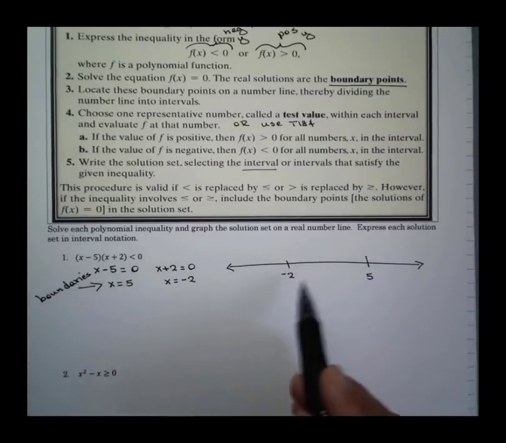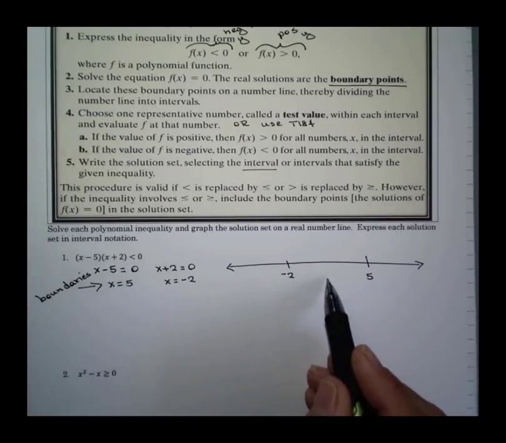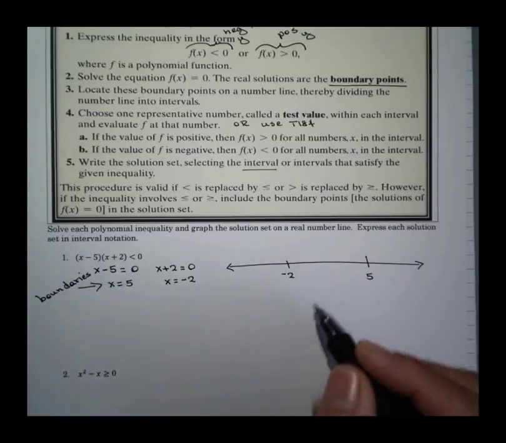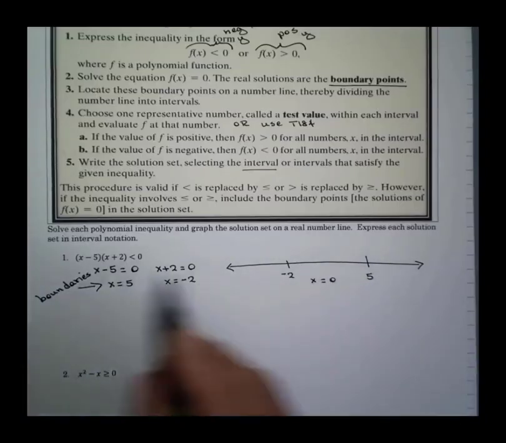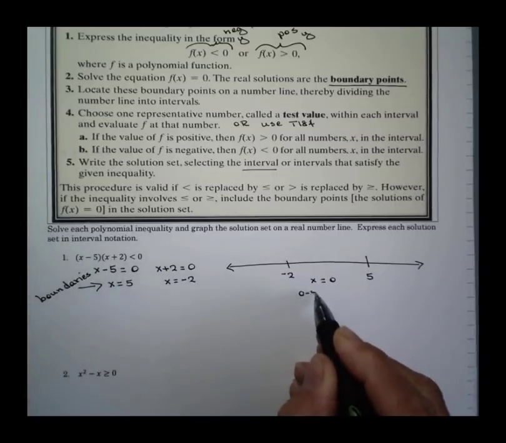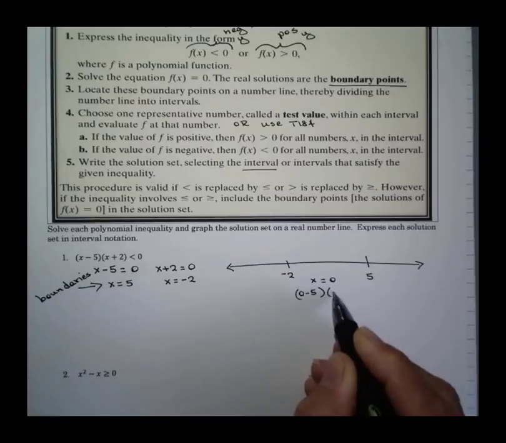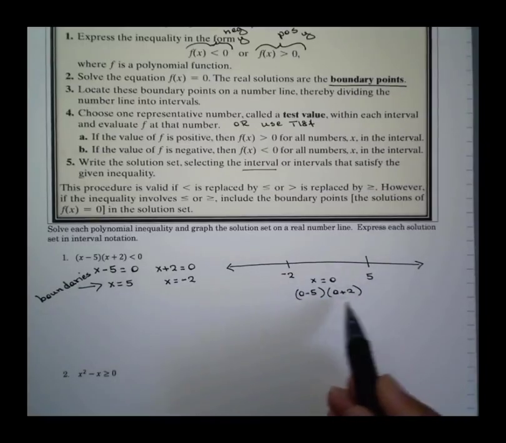These are my x values, so I'll check an x value. Let's look in the middle. Let's check the center of it first. Let's check maybe x is equal to 0, right? We'll set x equals 0, and if I plug that back into my function, I have 0 minus 5 times 0 plus 2. And all I have to do is figure out, is that positive or negative?